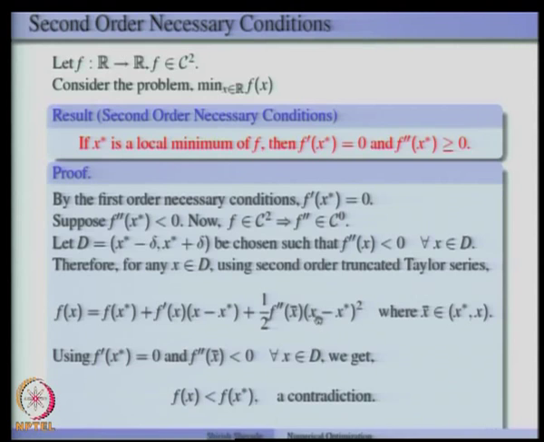So, you will see that this quantity vanishes and this quantity is less than 0. So, which means that f of x is less than f of x star, and which is a contradiction. So, we will see that if x star is a local minimum, then f dash x star equal to 0 and f2 dash x star greater than or equal to 0.